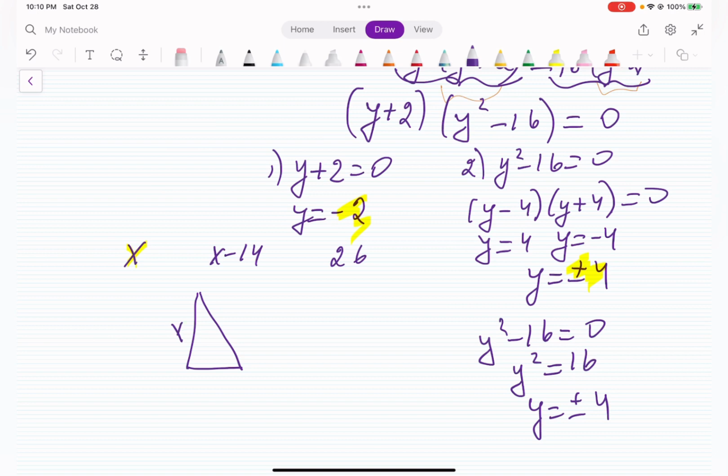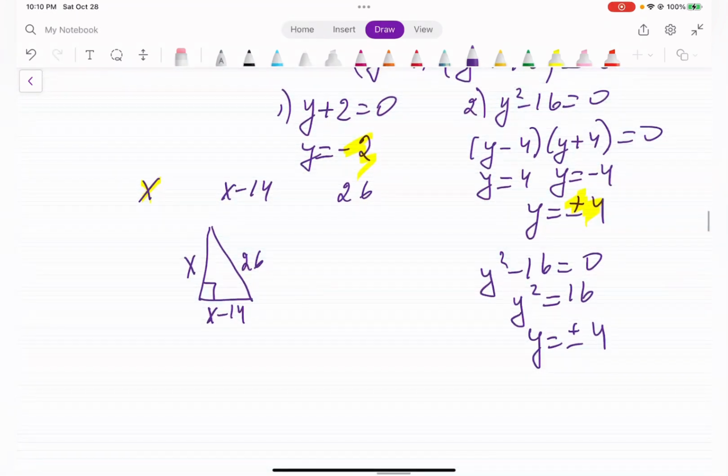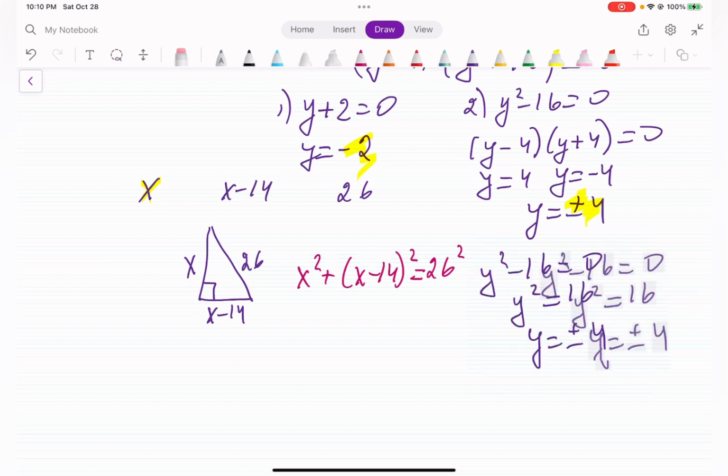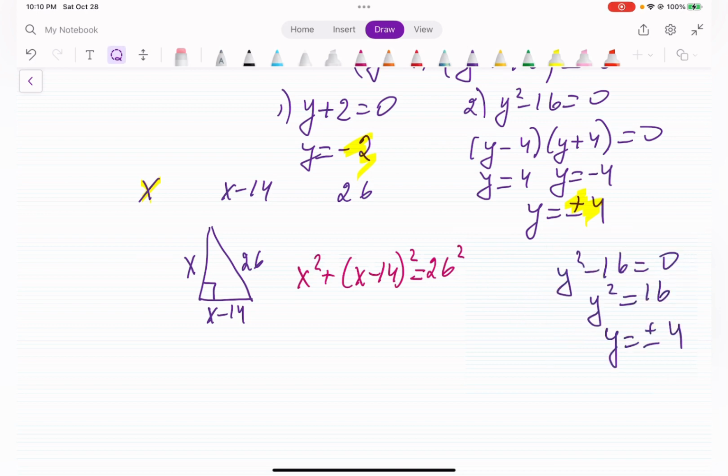I'm guessing this is x, one leg, this is your right angle. This is x minus 14, and this is the hypotenuse. We are using the Pythagorean theorem for a triangle with a right angle. The Pythagorean theorem says that the squares of the two legs is equal to the square of the hypotenuse.